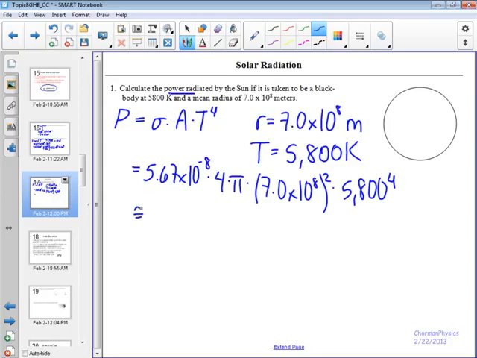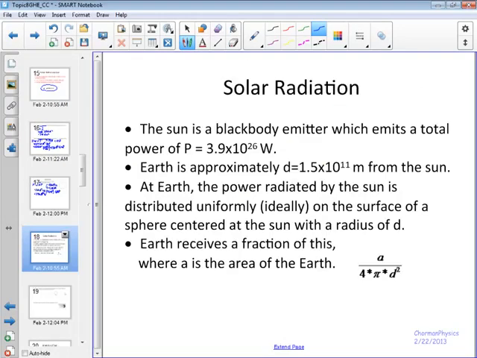When you do all this, we get a value of approximately 3.95 times 10 to the 26th watts, and that's how much power our sun emits. Really, it's about 3.9; we just have the radius and the temperature that are a little bit different. So our sun is a black body emitter with a total power of 3.9 times 10 to the 26 watts.